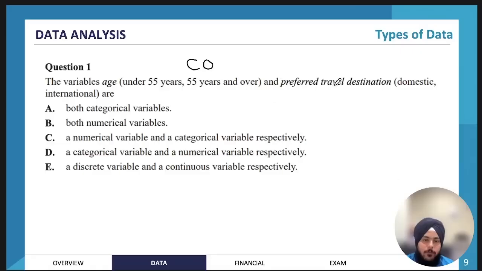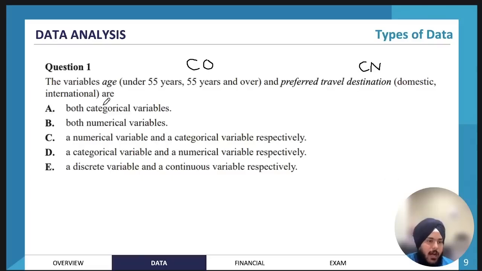Now, for preferred travel destination, there are obviously no quantities involved. So straight away, we can say it's a categorical variable. And looking at the categories given, domestic and international, these don't have a natural order. We can't arrange them in an ordinal manner. So this would be nominal.